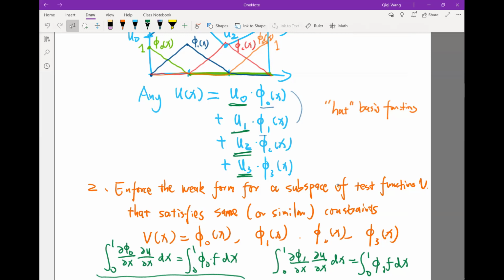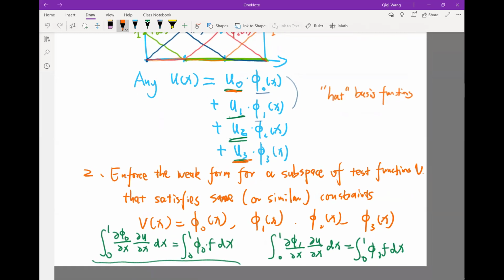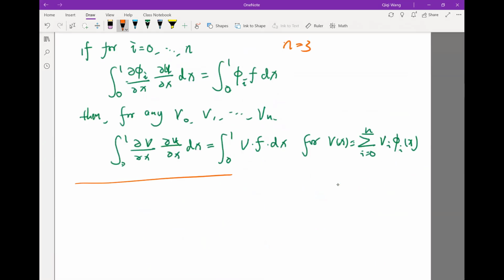So essentially, I know already my u0 is equal to 0, my u3 is equal to 0. And also for the linear combination to obtain v, I know my coefficient on phi0 has to be 0, my coefficient on phi3 has to be 0. So I only have 2 degrees of freedom.